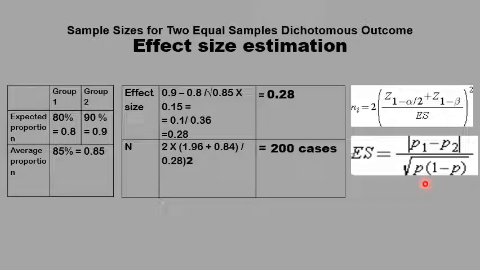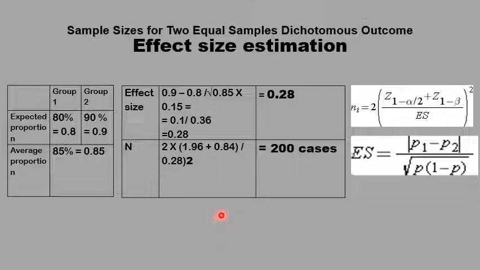So to give you an example, if we have two groups for certain success rates for a certain operation, in group 1 the success rate was 80%, the proportion is 0.8. Then group 2 success rate was 90%, the proportion is 0.9. The average success rate or proportion is 0.85, assuming that the two groups were equal in number.